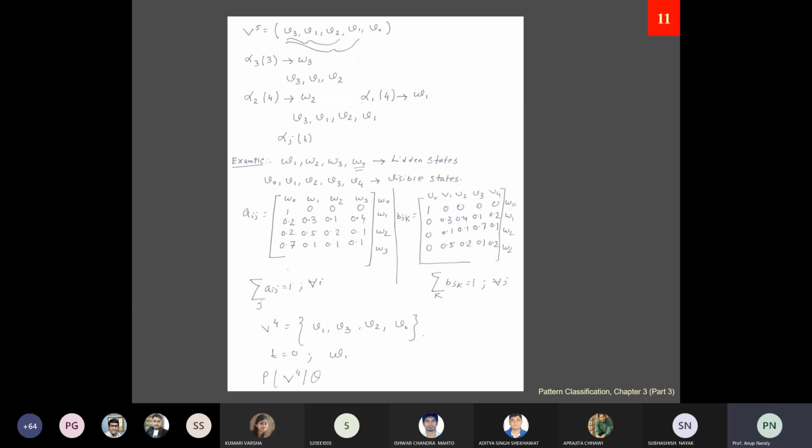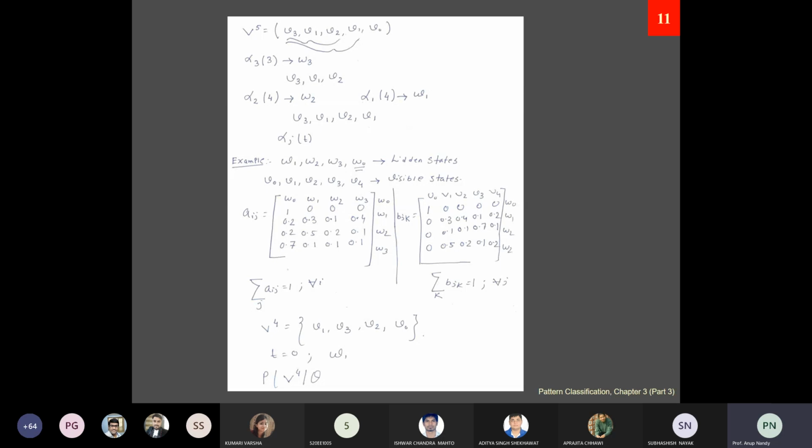In this way you have to understand, for each time instance, how each sequence will be generated. Similarly, alpha j of t for a particular hidden state means that many observation sequences will be generated.